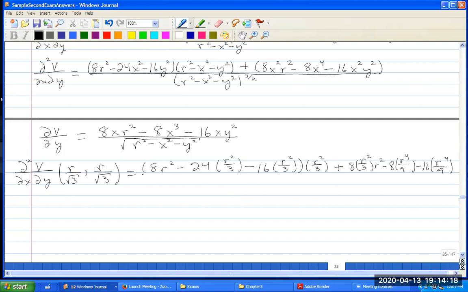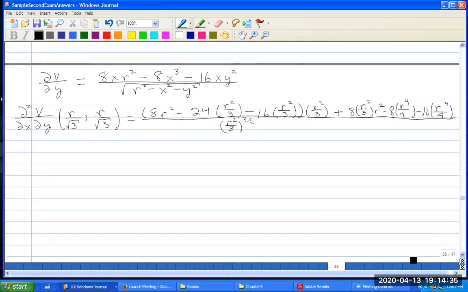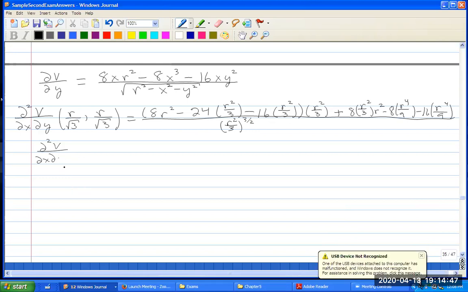All divided by, this was an r squared over 3 to the 3/2. Okay. So this mixed partial, hopefully this mixed partial will be the same as the other mixed partial.